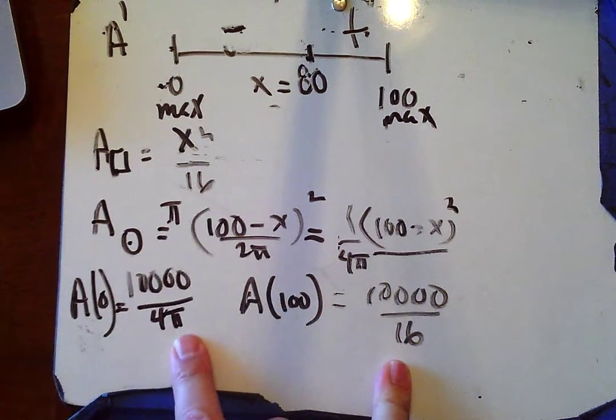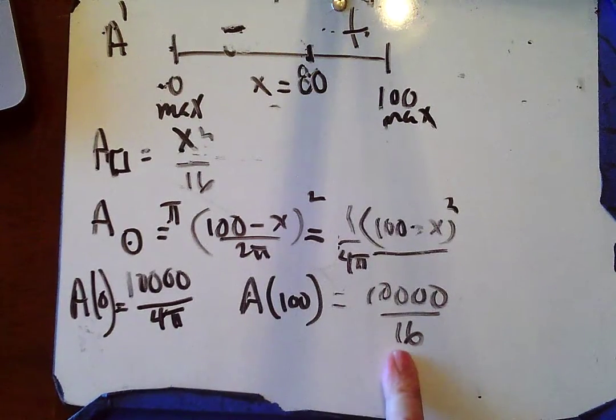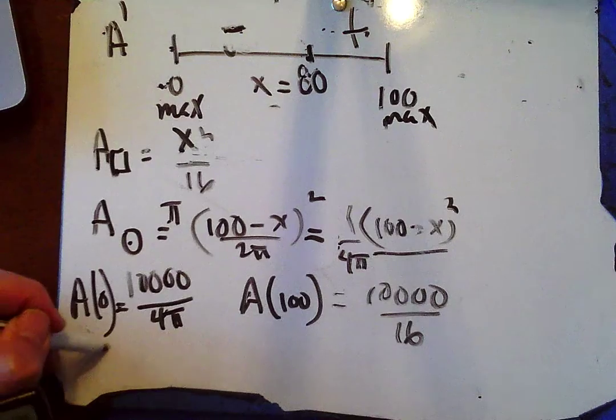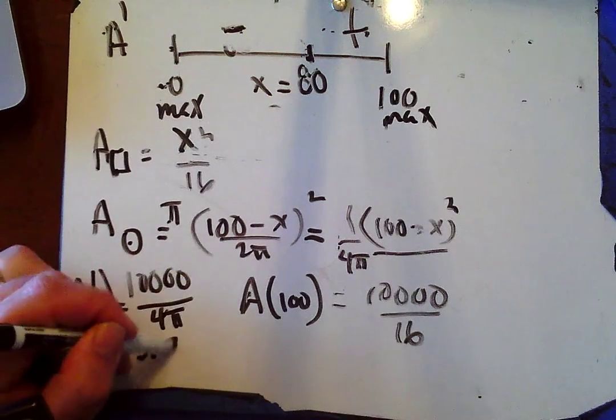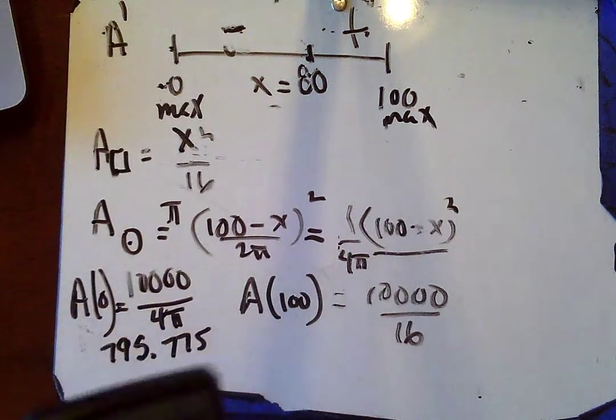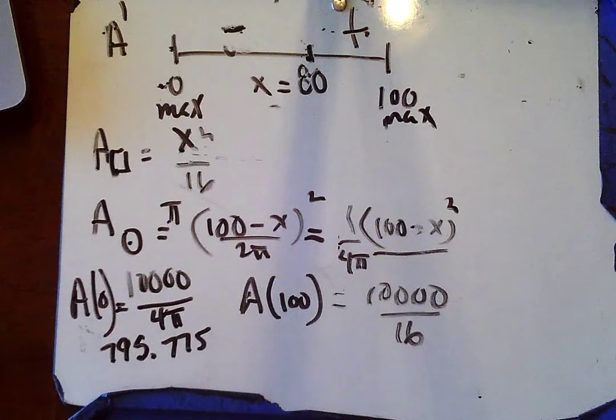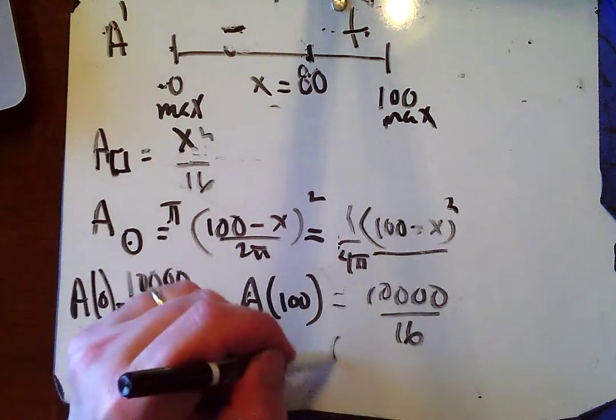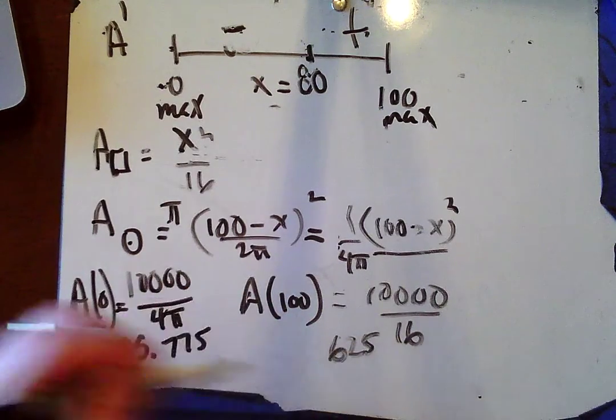This is 4 times 3-ish, so 14. This is 16. So let's just confirm that 10,000 divided by 4 pi is going to give me 795.775. And 10,000 divided by 16 is going to give me 625.